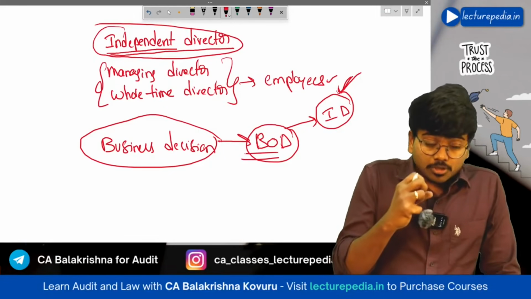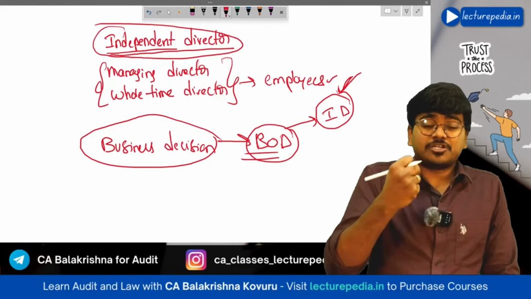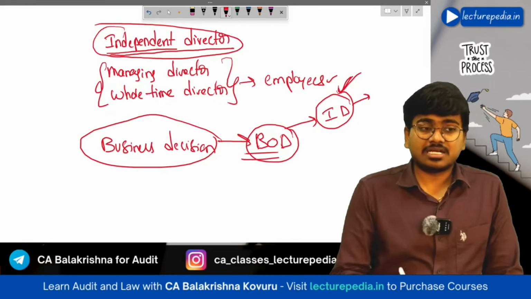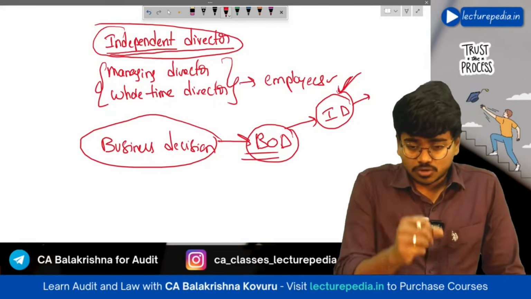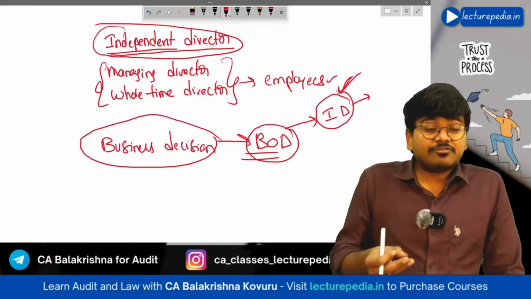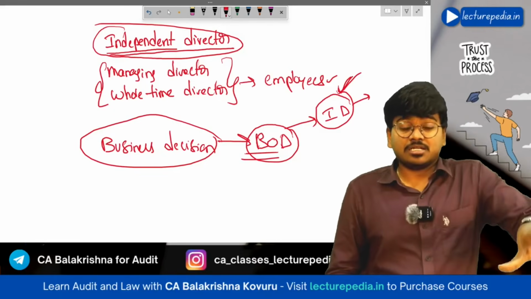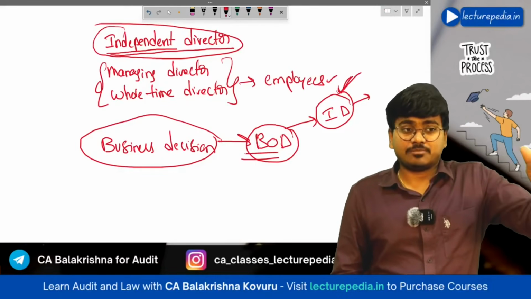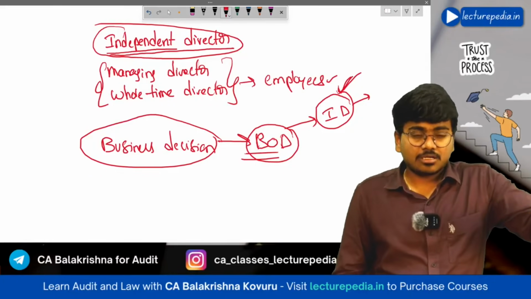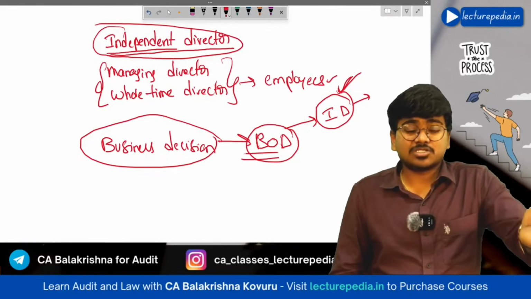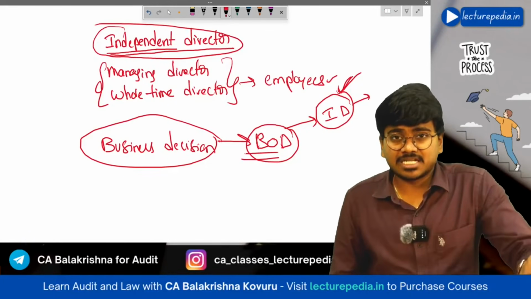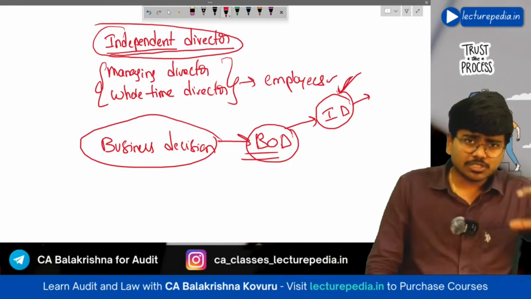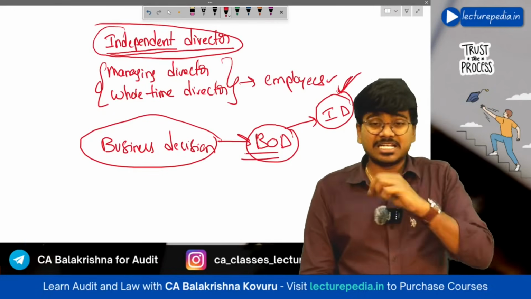Now to think in the benefit of the company, certain criteria have to be fulfilled. If those criteria are fulfilled, then it will be deemed that this person will not take decisions that will benefit himself. He will take decisions that will benefit only the company. Those types of directors will be known as independent directors.